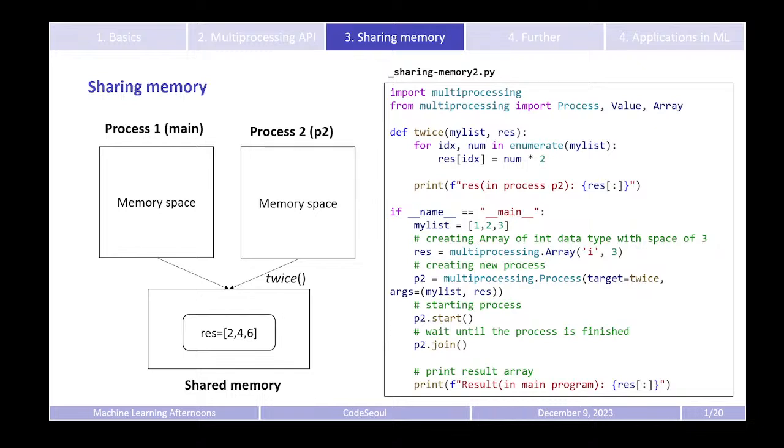Process 1, for example, can send data to it and extract data from it, and process 2 can also take and extract data from the shared memory, and this is how they communicate. But they cannot interact directly, so process 1 cannot hack into the memory space of process 2 and change something within it.